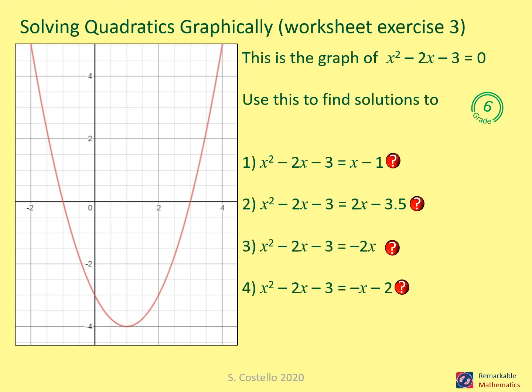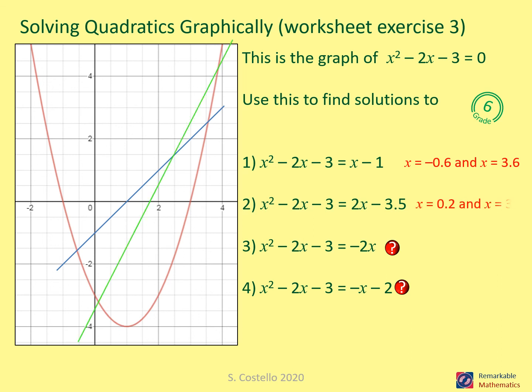Right, well, hopefully we got through them. The first one, that is our line, and the solutions are x equals minus 0.6 and x equals 3.6. Question 2, that's what your line should look like, and it gave you values of x equals 0.2 and x equals 3.8.